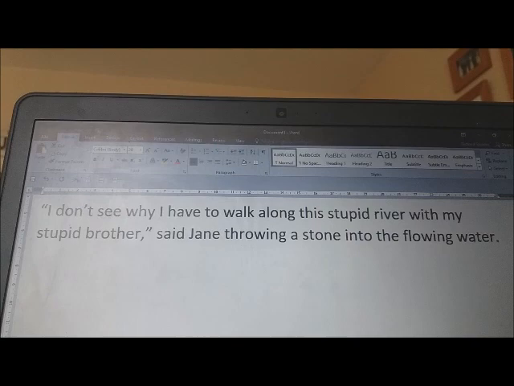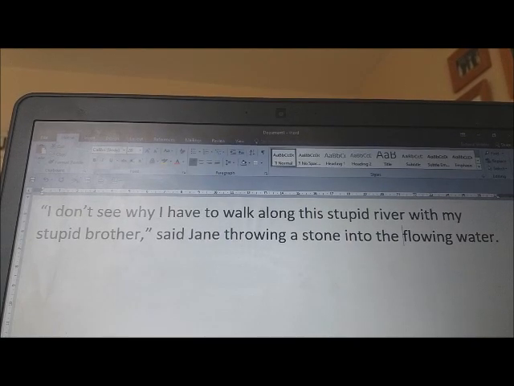I don't know. Or even better than that, we could add the adjective fast. So therefore it's now the fast flowing water. And this, once again, brings the reader back to something that they read earlier when they were told that the river was quite dangerous.